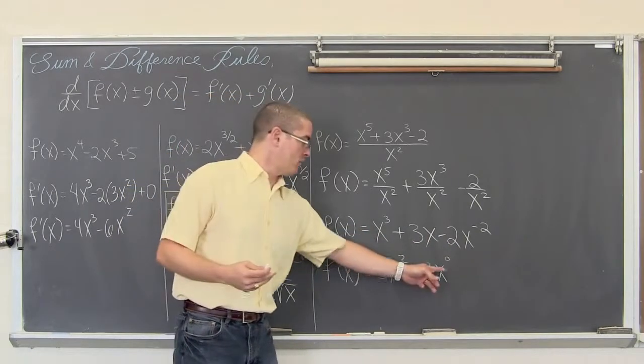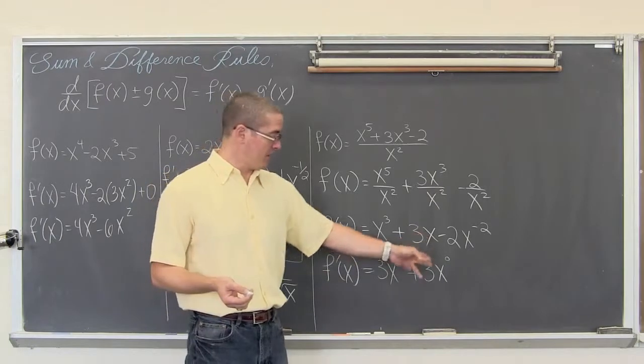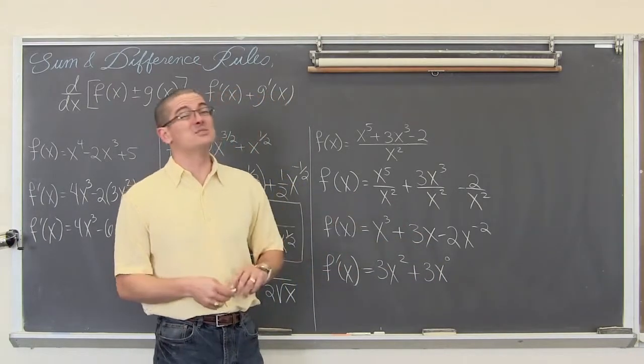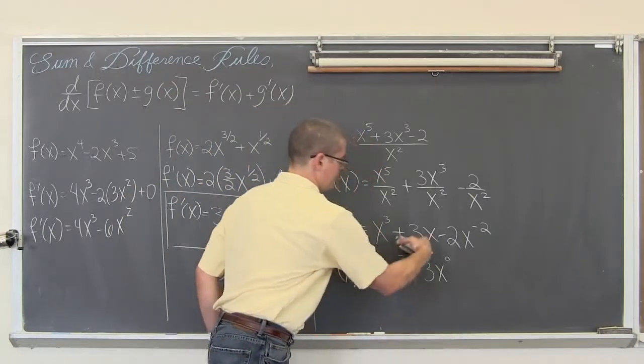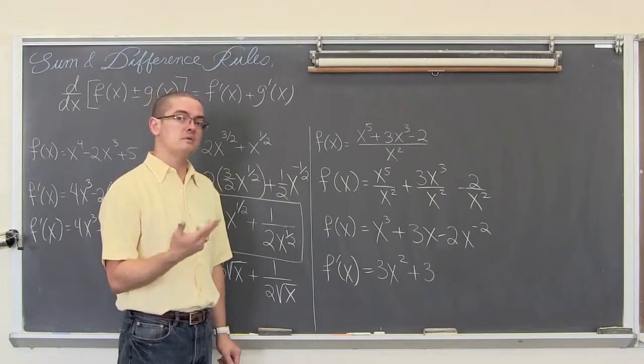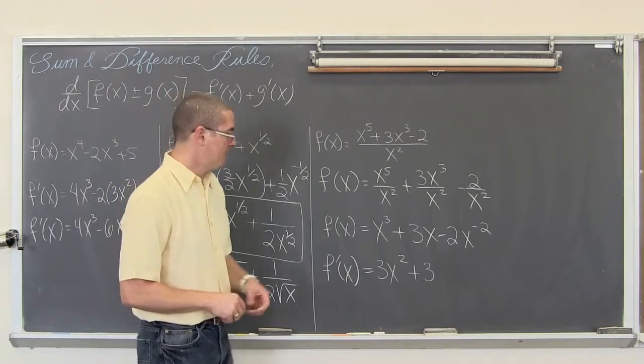And when we multiply by 1, nothing changes. So I don't really need this x to the 0. I'm just trying to show you where the x went because it's about to disappear. So the derivative of 3x is simply 3 because the x becomes x to the 0 power.